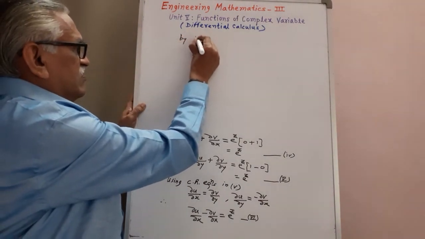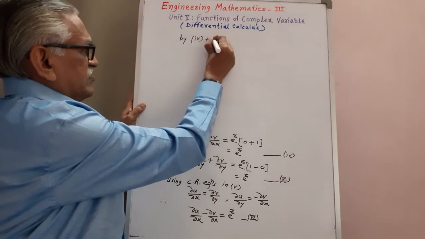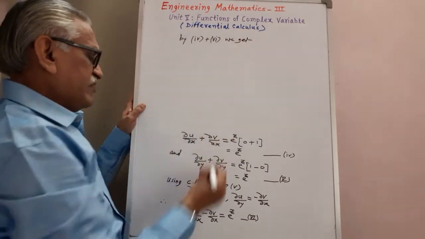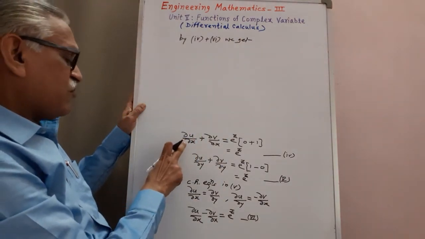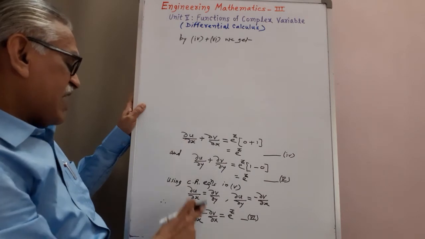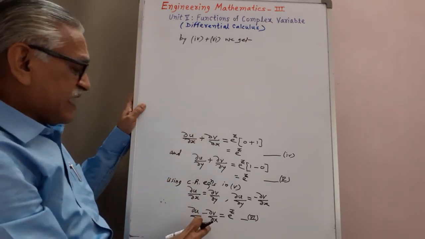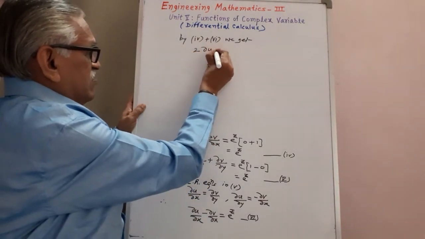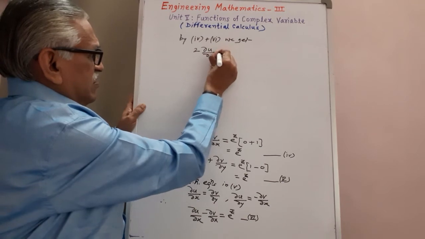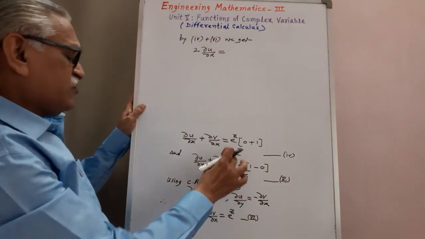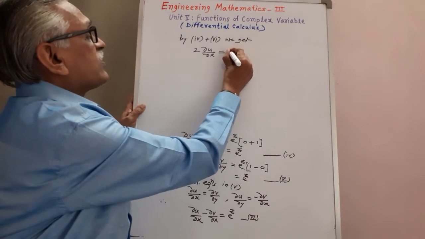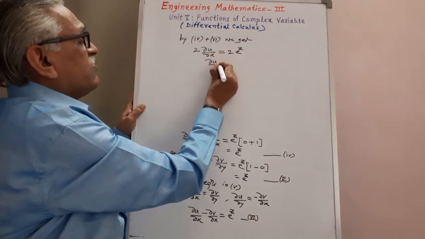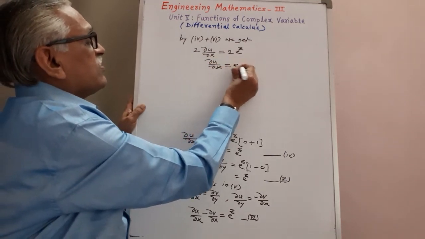By 4 plus 6, when we add, these two terms get cancelled, and we get dou u by dou x plus dou u by dou x, which is 2 times dou u by dou x, equal to e raised to z plus e raised to z, which is 2 times e raised to z. The 2 gets cancelled, and we have dou u by dou x is equal to e raised to z.